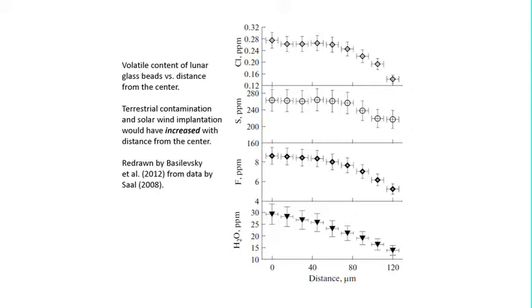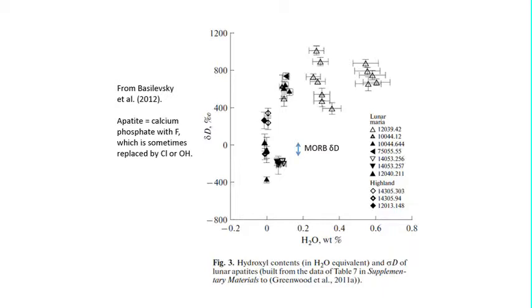All right. Then people started looking at different minerals. And I don't quite know why apatite is a special thing. It's a sort of calcium phosphate whose crystal structure usually has fluoride or fluorine, but that fluorine can be replaced by chlorine or OH.